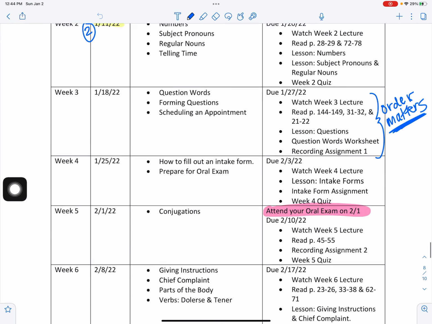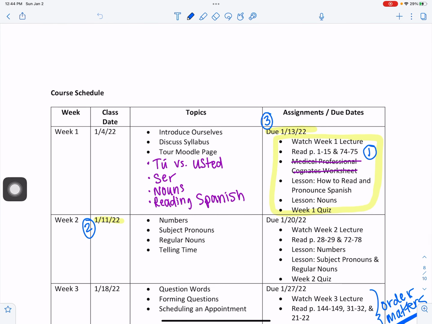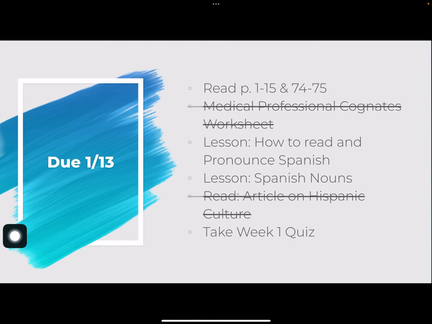I did this here. So the order matters. You should be first watching the lecture, then reading, doing these things in order. And then if you have questions, come to class and then go back, make any adjustments and turn things in on Thursday. Then you can get started on the following week. So all of those things kind of mesh together, and I hope that this helps you.